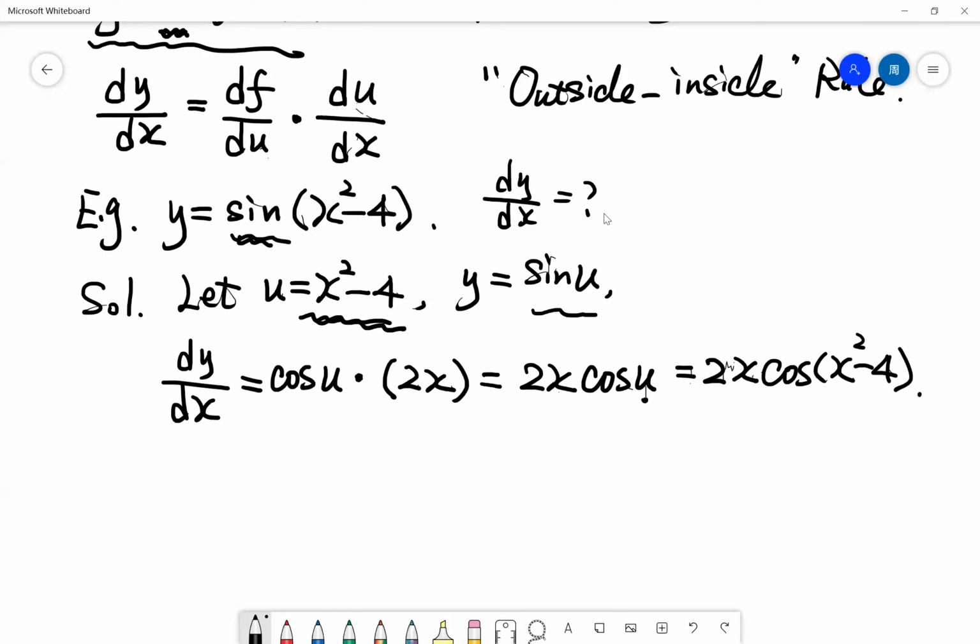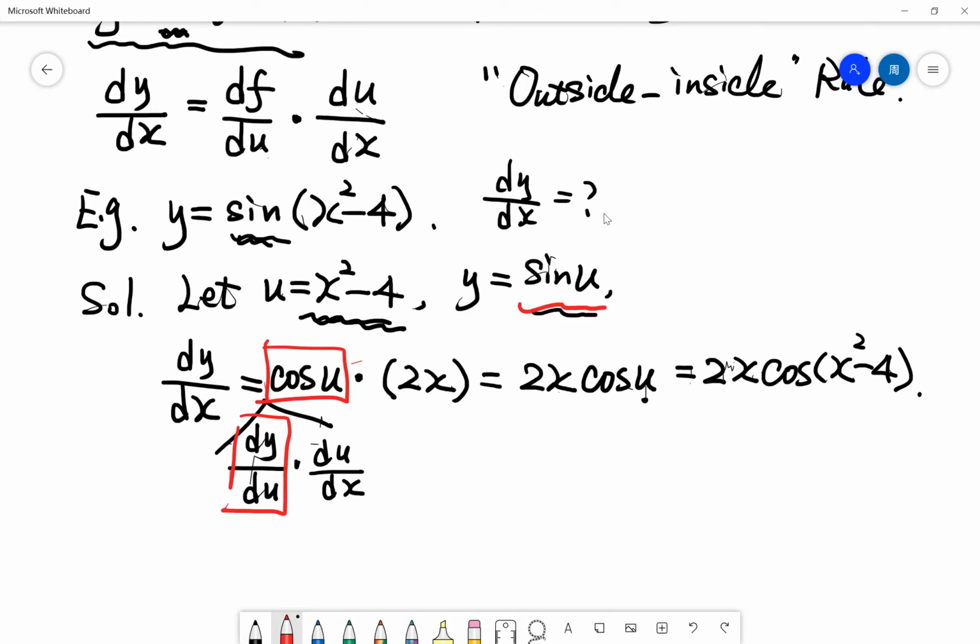Here maybe you can add one step: dy by dx equals dy by du times du by dx. And dy by du should be cosine u, right?